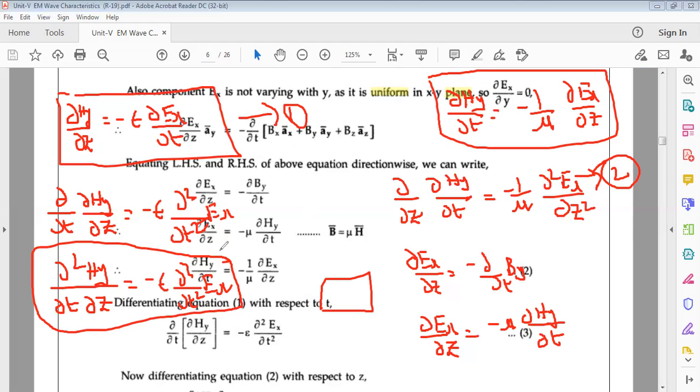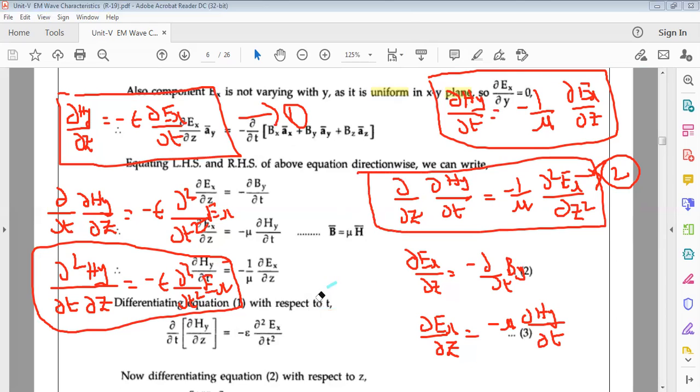Now we can observe that these two equations have the same left hand side: ∂²Hy/∂t∂z is equal to minus epsilon ∂²Ex/∂t², and also minus 1 by mu into ∂²Ex/∂z².